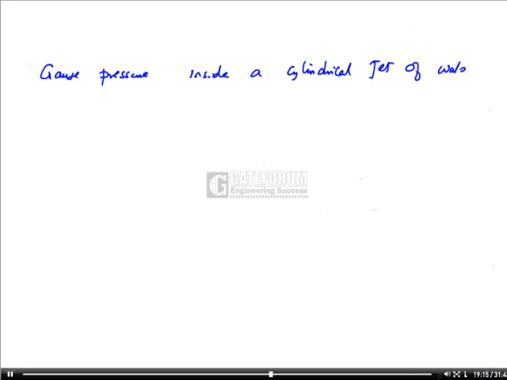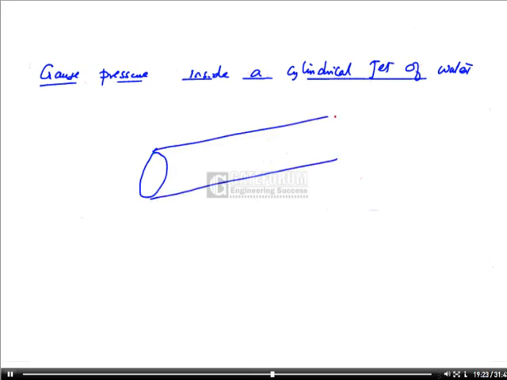Now I shall consider case 3, the gauge pressure inside a cylindrical jet of water. If you take a jet of water which assumes a cylindrical shape, consider L meter length of the jet.